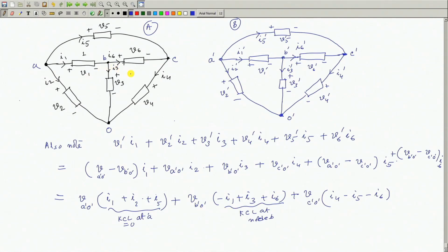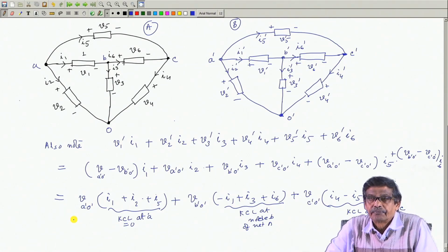I 1 plus I 3 plus I 6, if hopefully it is coming correctly, and finally, this one is nothing but KCL at node C of network A. These are all of network A. So, this in general is your Tellegen's theorem. Okay.